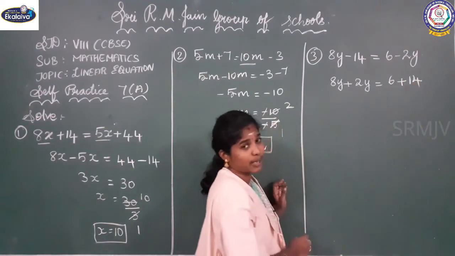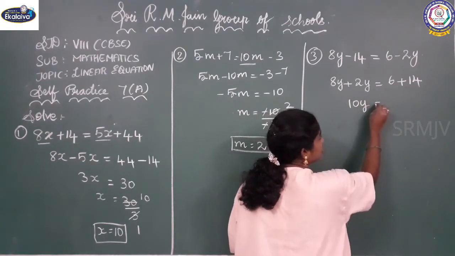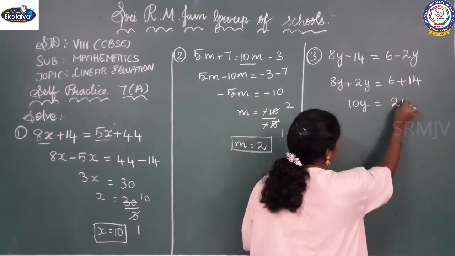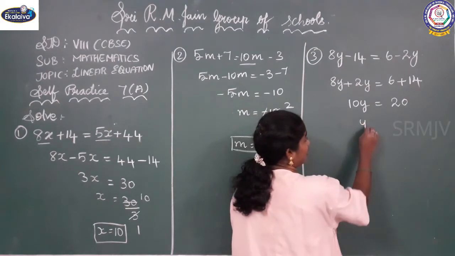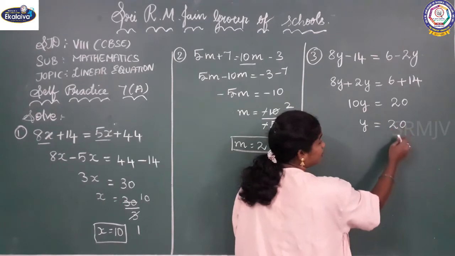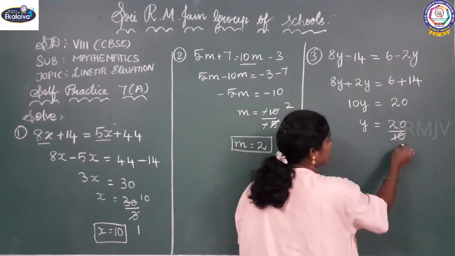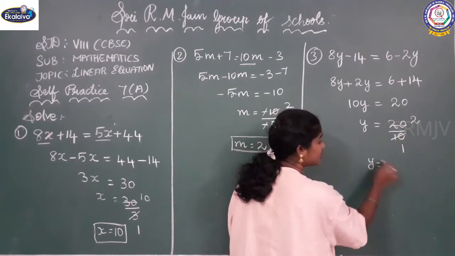So 8y plus 2y, 10y. 6 plus 14, what you will get? 20. So 10 into y. So I need only y. So y is equal to 20, this into 10 becomes division 10. You all know 10 ones are 10, 10 twos are 20. So the value of y is 2.